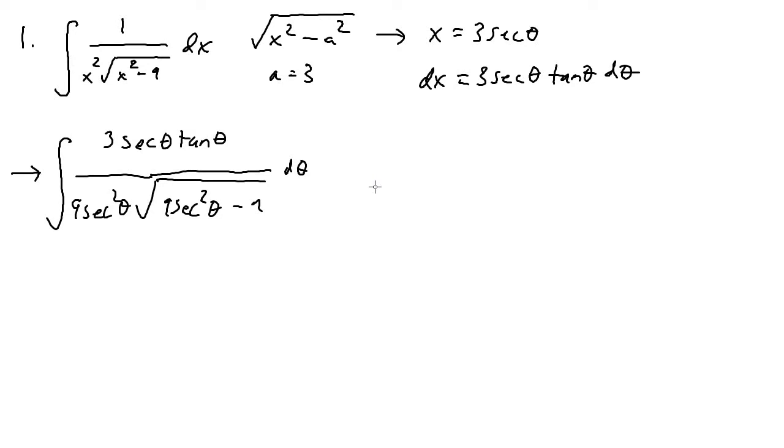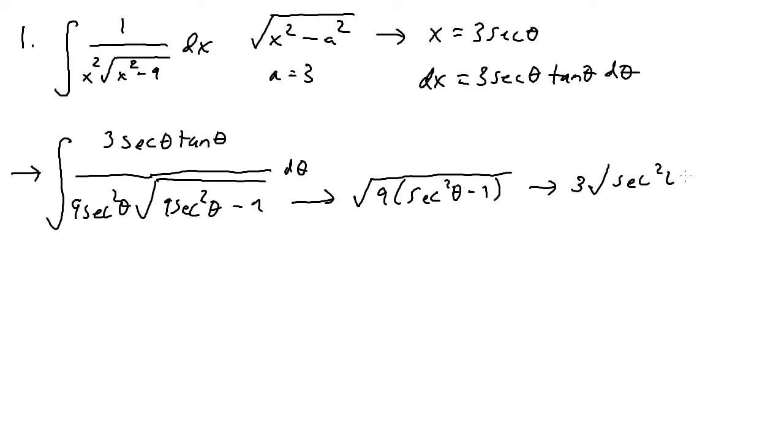Now in order to simplify, I'm going to first simplify the radical. I'm going to start by factoring out a 9 here. So we get 9 times secant squared theta minus 1, the square root of the entire thing. Now, the square root of 9 is 3, so I can bring that outside of the radical. And so we get 3 times the square root of secant squared theta minus 1.